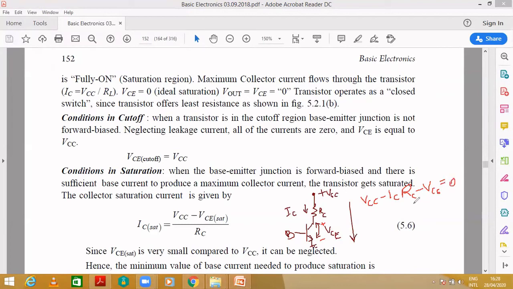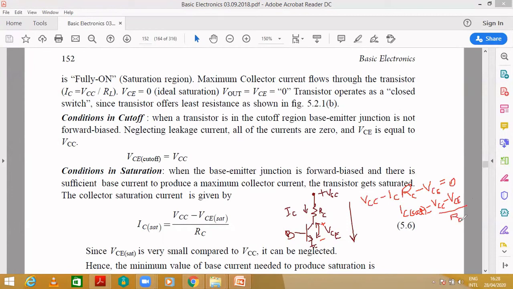If I rearrange, I am writing for IC. I am writing it for saturation, so I will write it as I saturation. If I rearrange this equation, it will become VCC minus VCE by RC.